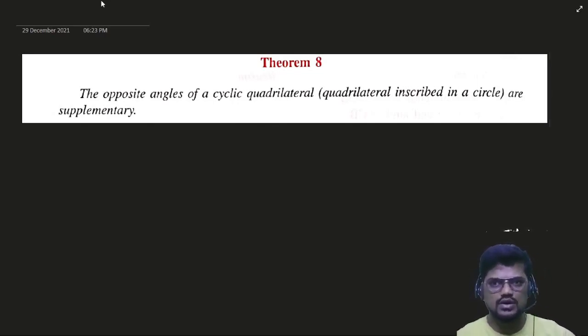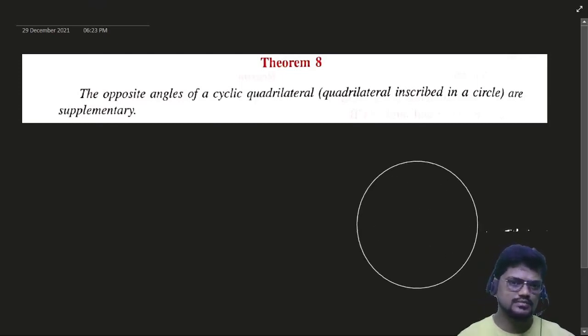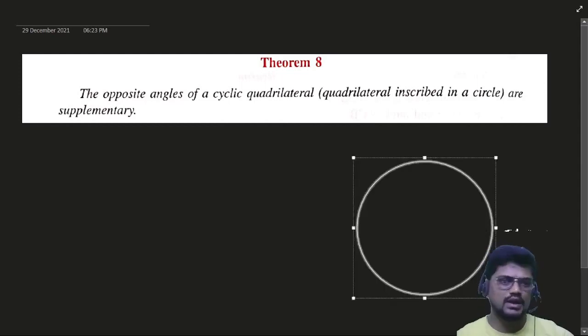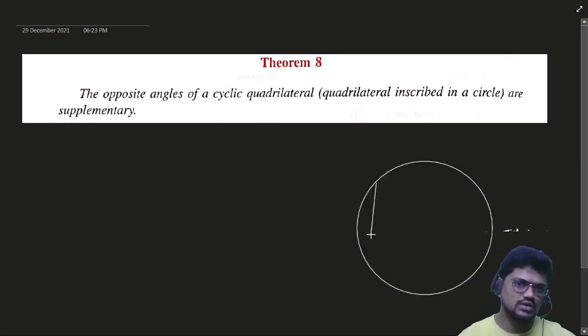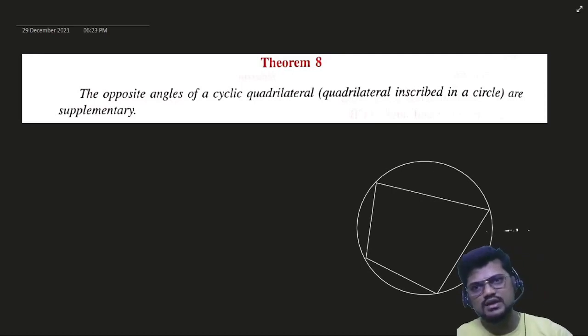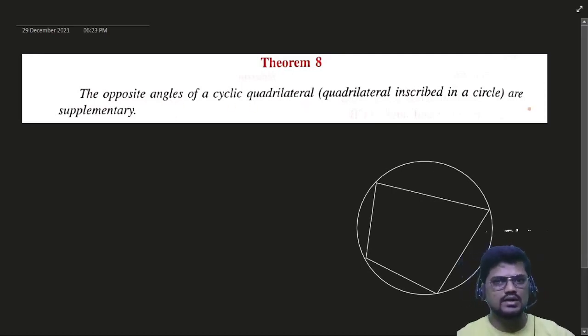If I draw a circle and draw a quadrilateral inside, where all the vertices of the quadrilateral are touching the circumference of the circle, then we say that the quadrilateral is a cyclic quadrilateral. And they are saying the opposite angles of a cyclic quadrilateral are supplementary.